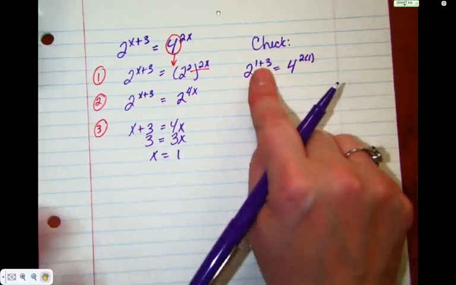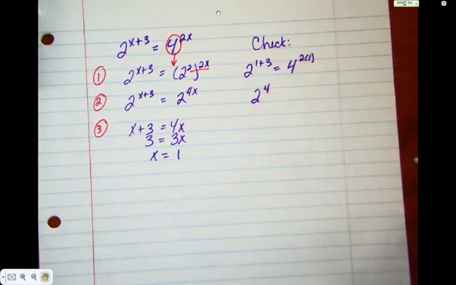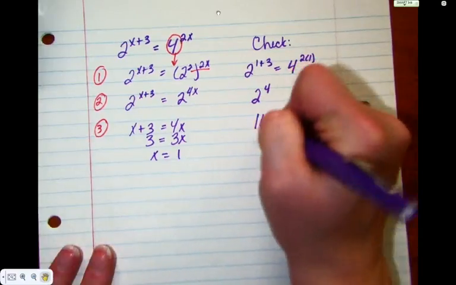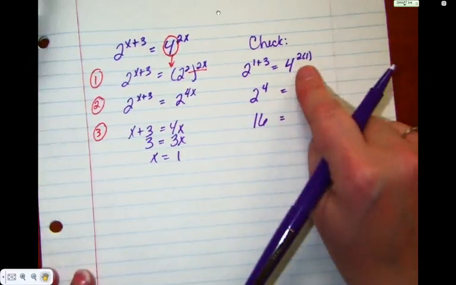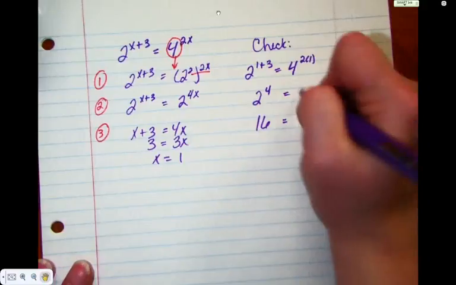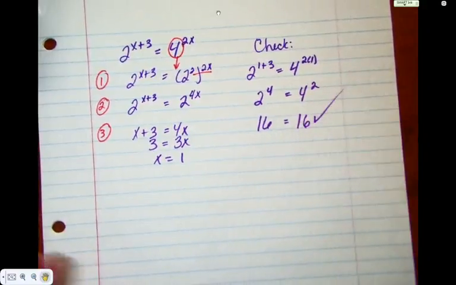Okay, so here we have to add first, so this gives us 2 to the 4, and 2 times 2 times 2 times 2 equals 16. And on the right, we have to multiply first, 2 times 1, and 4 squared is 16.